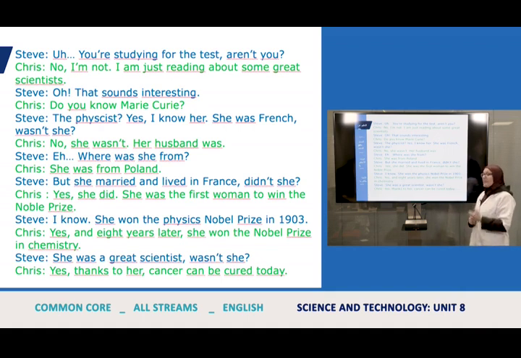But she married and lived in France, didn't she? Yes, she did. She was the first woman to win the Nobel Prize. I know, she won the Physics Nobel Prize in 1903. Yes, and 8 years later, she won the Nobel Prize in Chemistry. She was a great scientist, wasn't she? Yes, thanks to her, cancer can be cured today.